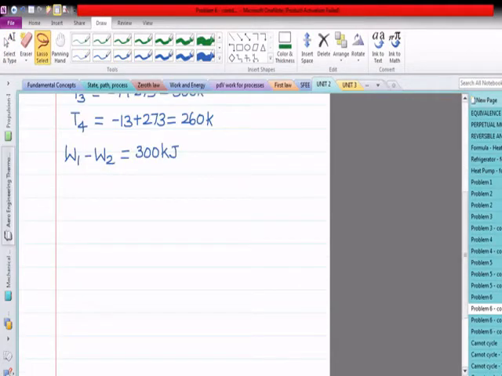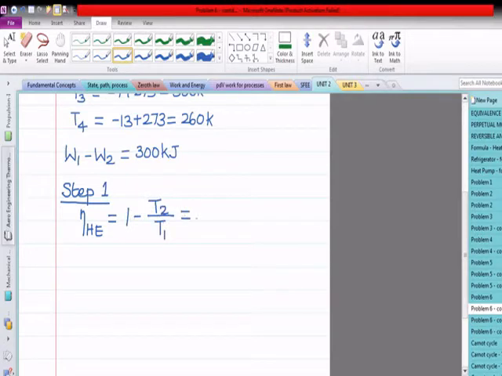Now we are going to calculate the efficiency of the heat engine. Let me start step 1. In step 1 I am going to find the efficiency of the heat engine. I know the reservoir temperatures, so I can use the formula 1 minus T2 by T1.